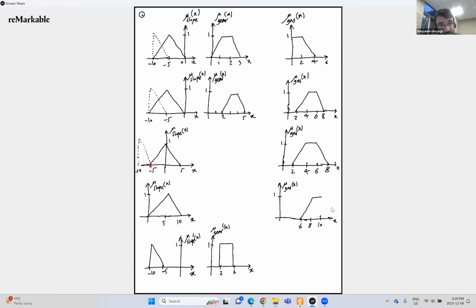If I had put it here, that would be wrong, because it's between -10 and -5. Also here, between -10 and -5, right? Okay, now you told me for gear, so I put them here too again.